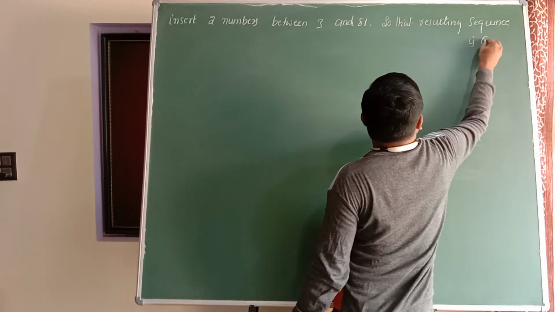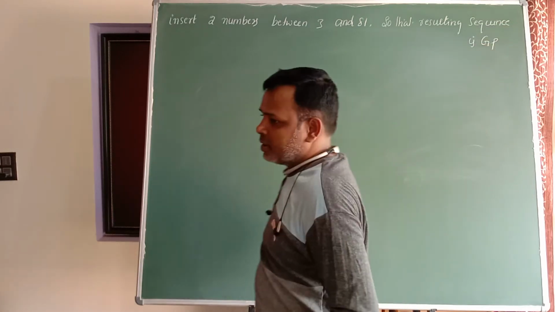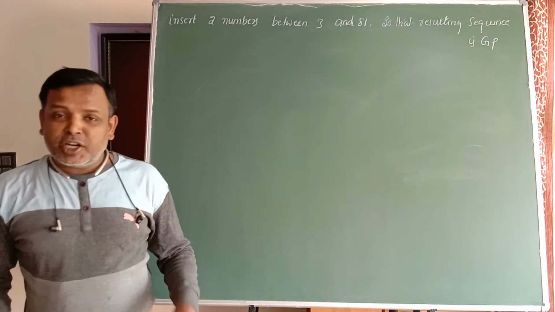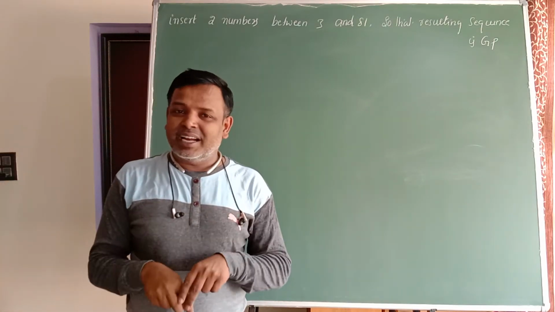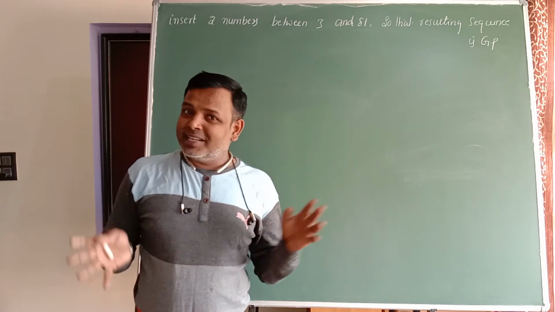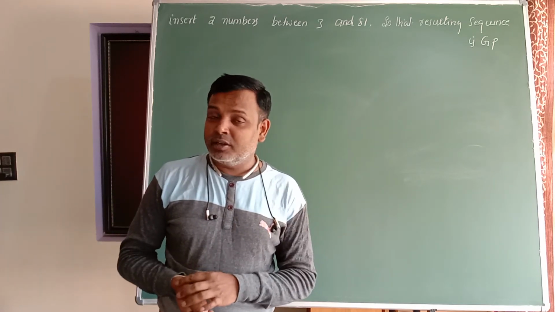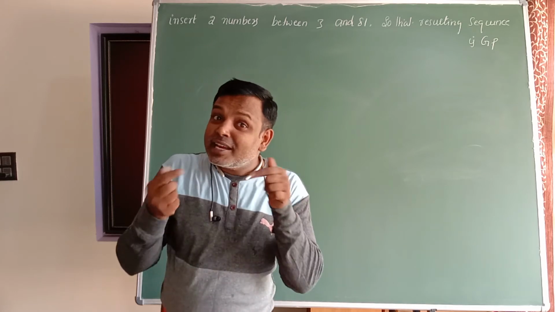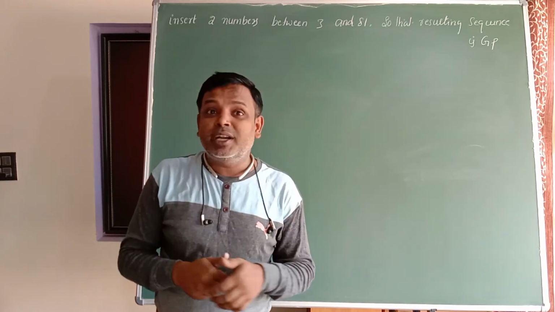Look at the question. Very beautiful question. When we insert some numbers between the numbers and the resulting sequence is a geometric progression, then the inserted numbers must always be geometric means.